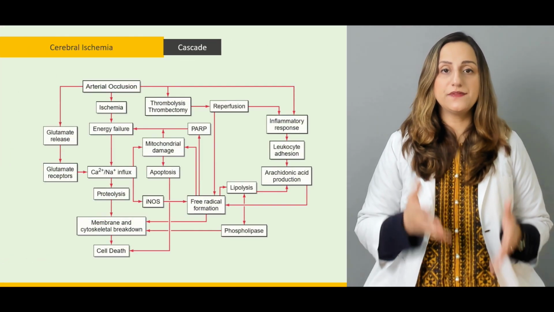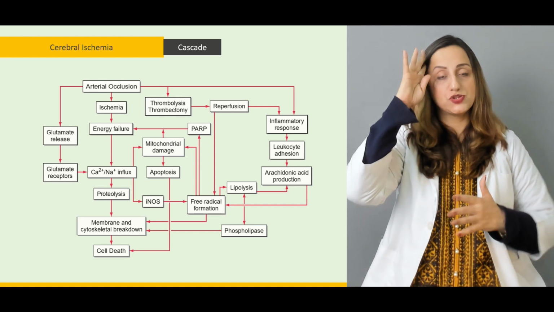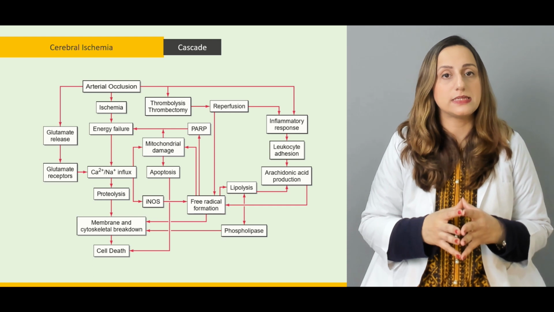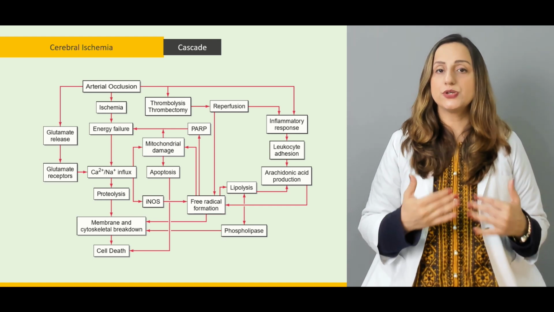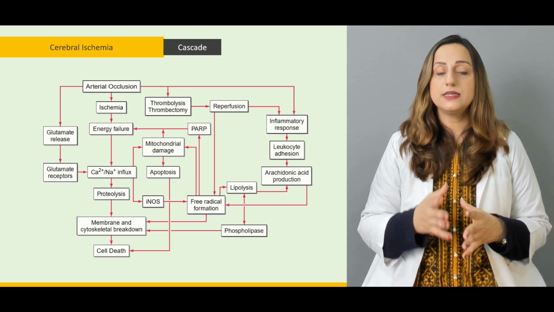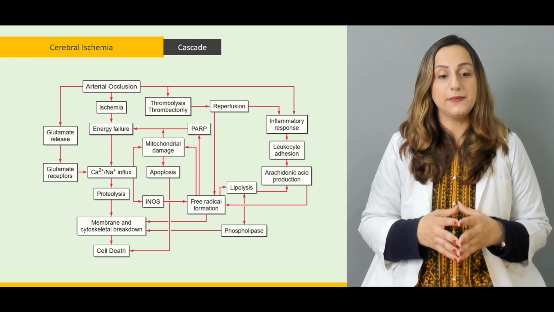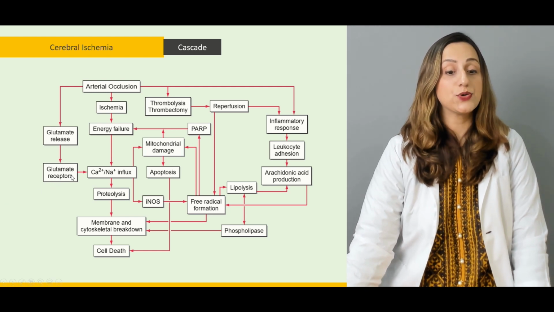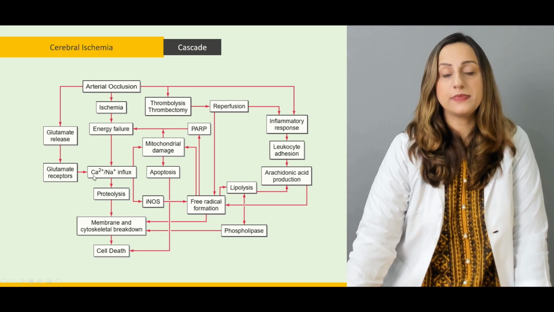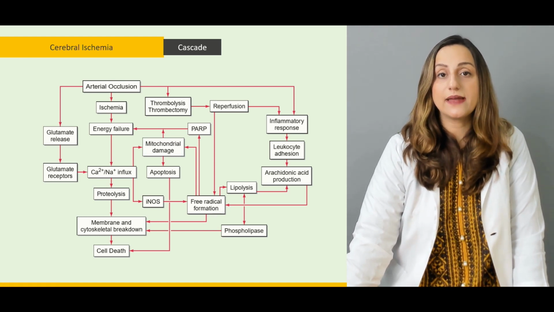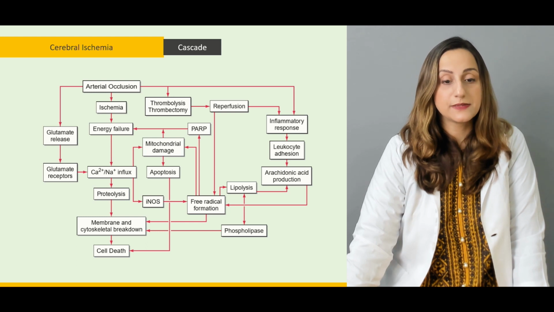These cascade of events can be summarized here in general terminology when you're not discussing the biochemical events. The arterial occlusion is going to give rise to glutamate release, which in turn results in activated glutamate receptors, and they give rise to the calcium and sodium influx that is responsible for the edematous condition of the brain cell.